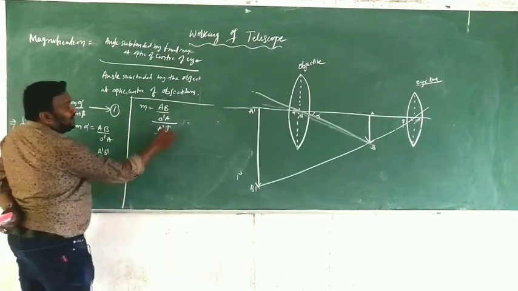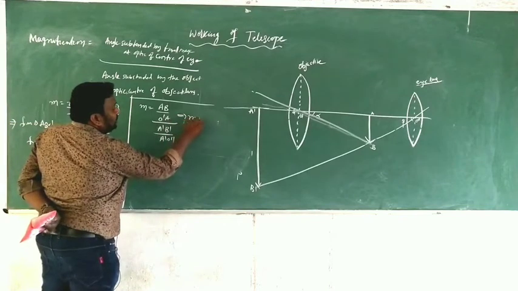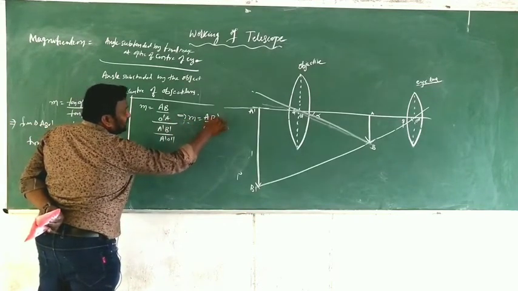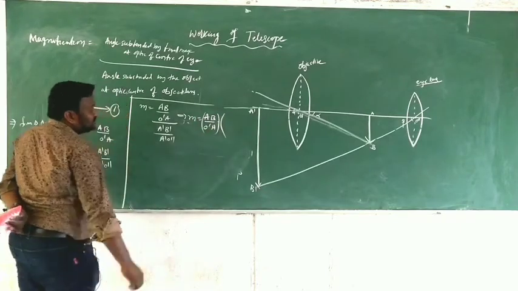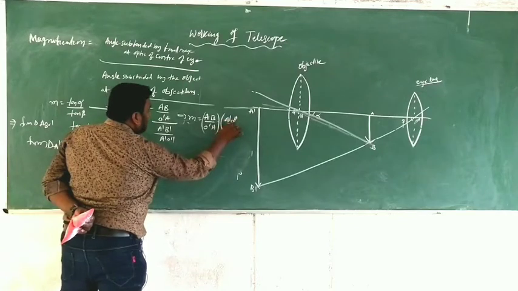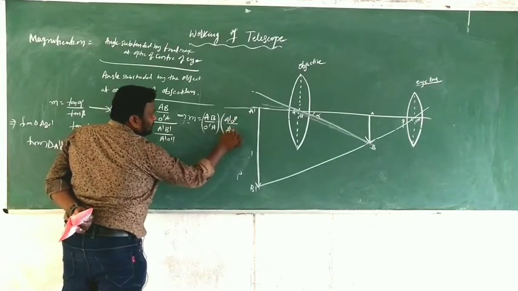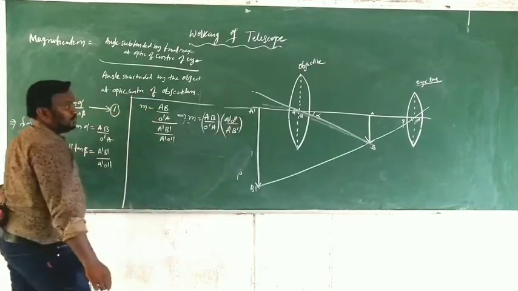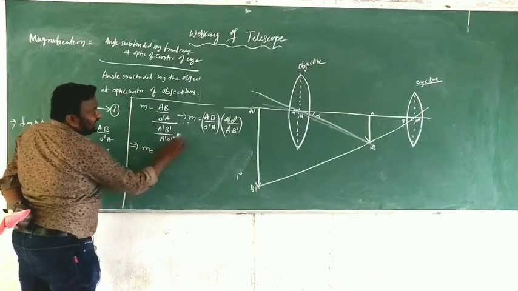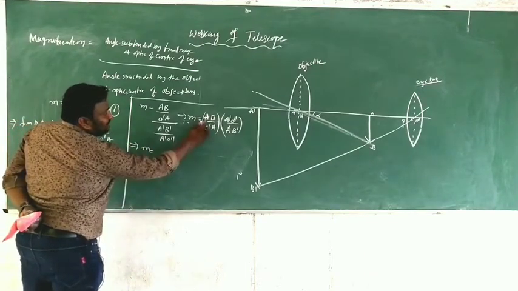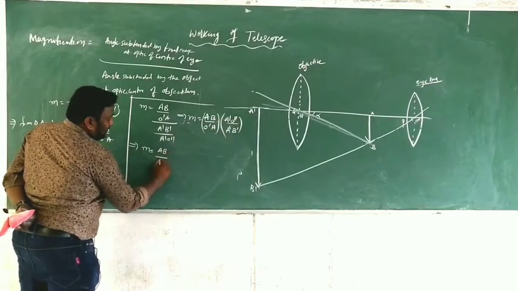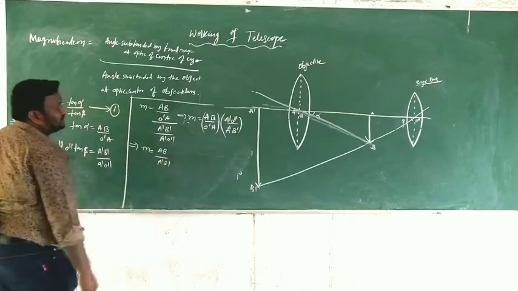From that, M is equal to AB by O dash A into A dash O double dash by A dash B dash. Here AB by A dash B dash.